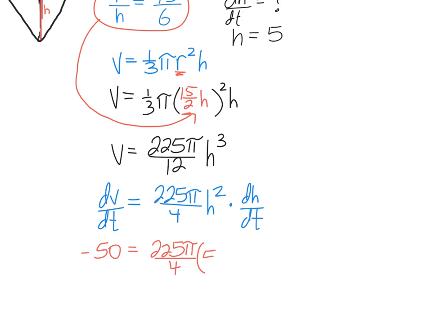Five is going in for h. All right, and so this will become 25, which will go into 50, negative 50, negative 2 times. When you do a little keep change flip, it looks like you get negative 8 over 225 pi.